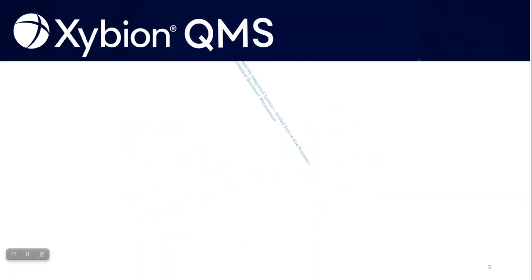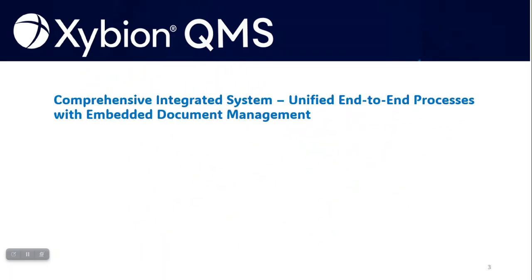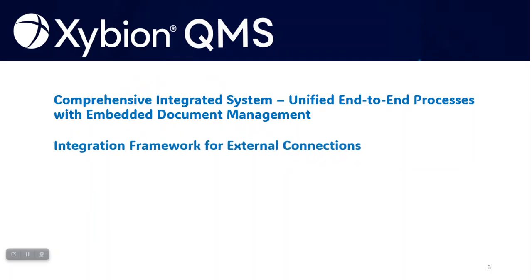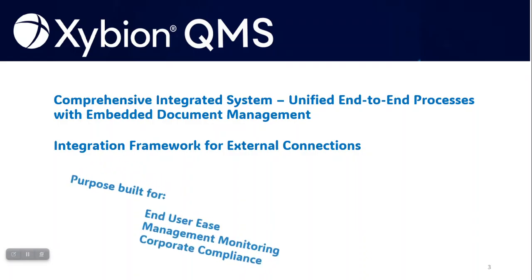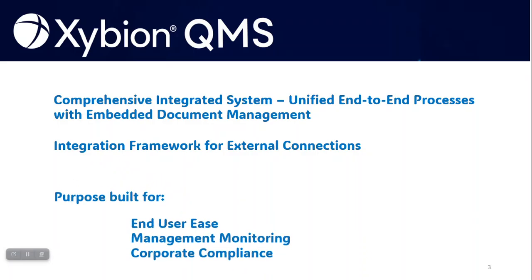That sits on a framework that not only allows the integration to each of the modules inside the system, but it also allows the integration framework to connect with other solutions, especially the Xybion solutions. It is purpose-built not only for the end users with an easy-to-use web-based interface, but also for management monitoring and corporate compliance through its robust reporting capability.